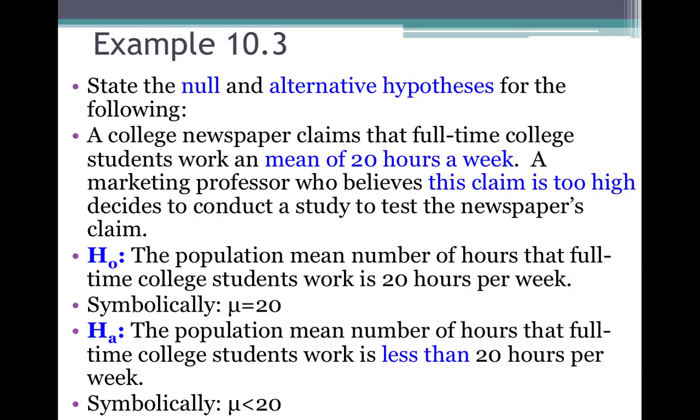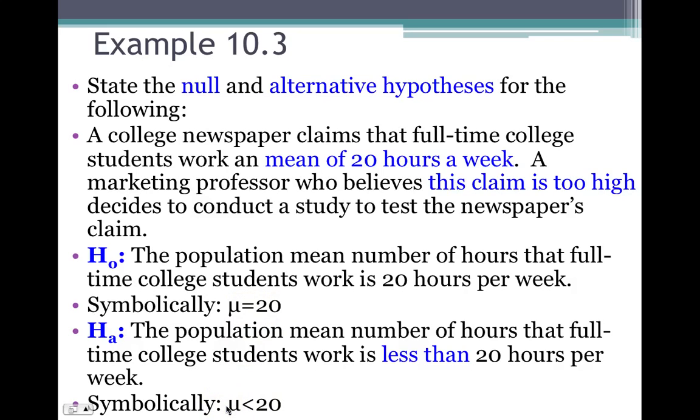And symbolically we have mu less than 20. When we make hypothesis tests regarding population means, we're going to start H-O and H-A with the population mean. And symbolically it's always going to involve mu. Mu equals 20, mu less than 20.